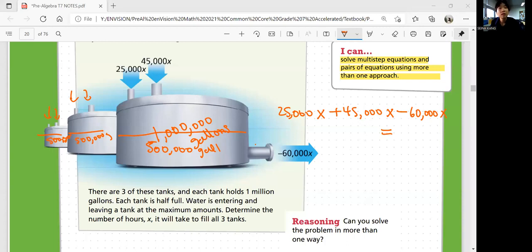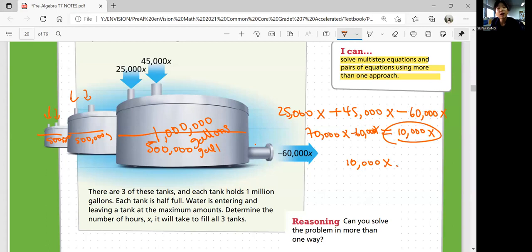Well, first of all, let's simplify this expression first, okay? So 25,000 plus 45,000 is going to be 70,000. And 70,000x minus 60,000x is going to be 10,000x, right? So every hour total, it's going to fill up at a speed of 10,000x.